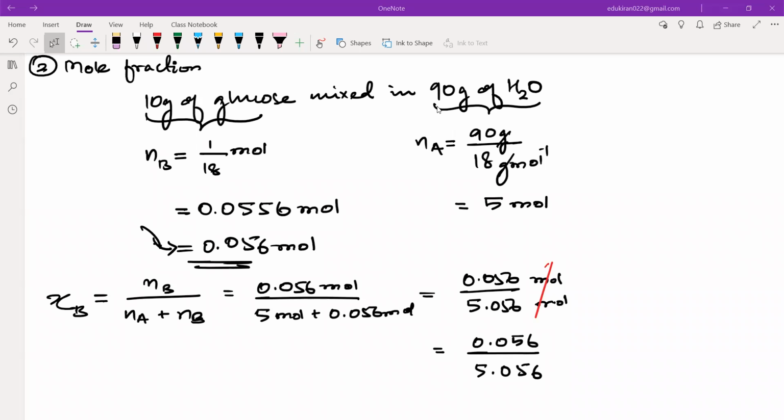It is for NB ना? ये chi b है ये? Yes, sir. नहीं, अच्छा NB है ना? ठीक है. So this will be equal to how much? कुलसुम ने सही लिखा है. Just waiting for a few more answers. 0.056 divided by 5.056.